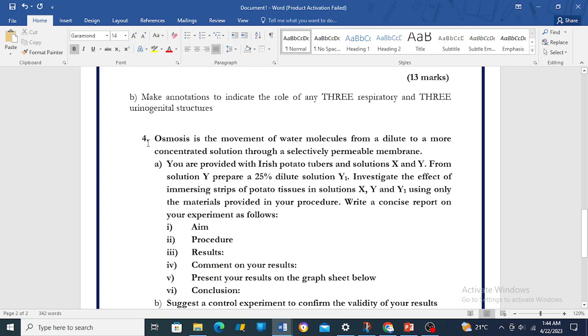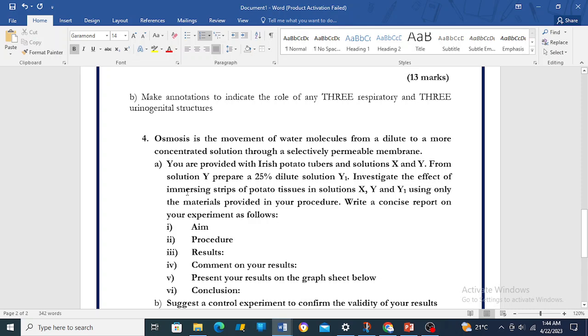Now the last one was question 4, which was on experiments, and it's osmosis. Osmosis is the movement of water molecules from a dilute to a more concentrated solution through a selectively permeable membrane. A. We are provided with Irish potato tubers and solutions X and Y. From solution Y, prepare a 25% dilute solution Y1.